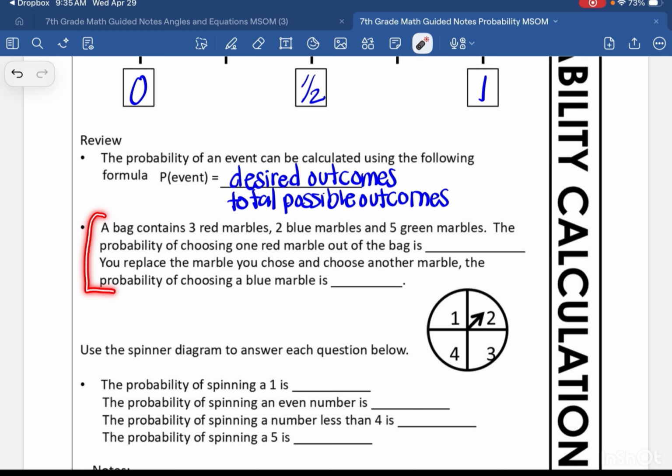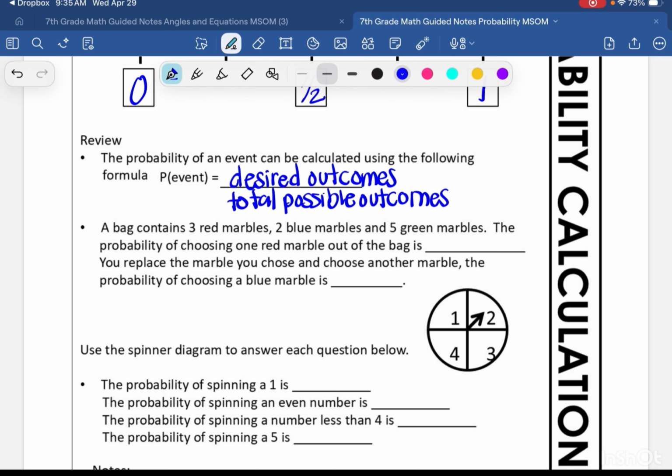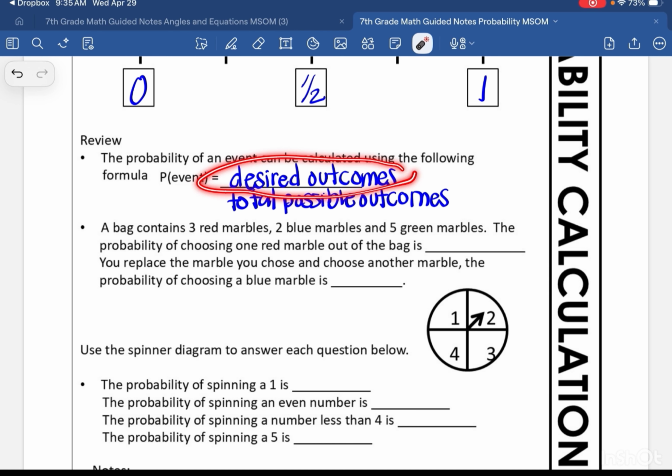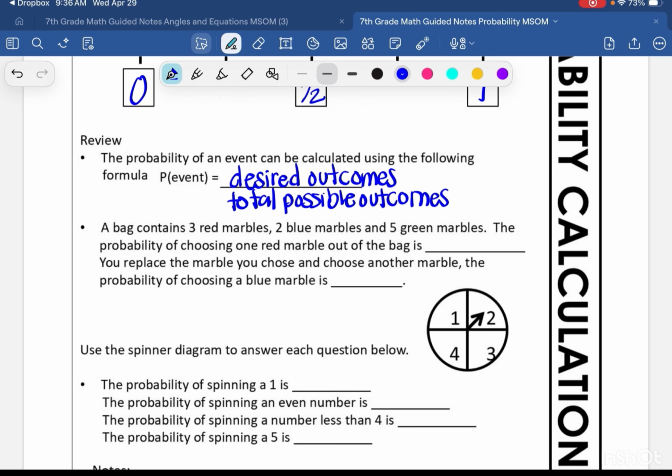A bag contains 3 red marbles, 2 blue marbles, and 5 green marbles. The probability of choosing 1 red marble out of the bag is, so we are going to use this formula to determine this probability. So the desired outcome is going to be a red marble, and there are 3 possible red marbles that I could choose.